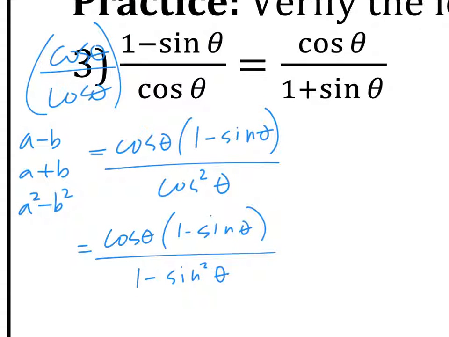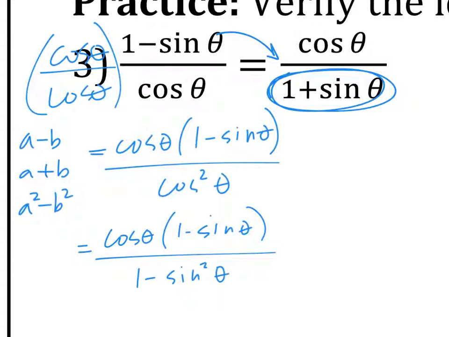The reason being there is a 1 plus sine, and somehow I need to change from 1 minus to 1 plus. And then I can think that 1 minus and 1 plus kind of reminds me of a minus b, a plus b. So somehow I'm going to have to get to a 1 minus sine squared, because 1 minus sine times 1 plus sine is 1 minus sine squared.